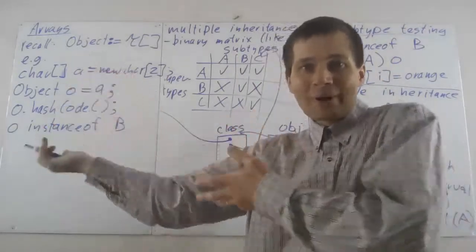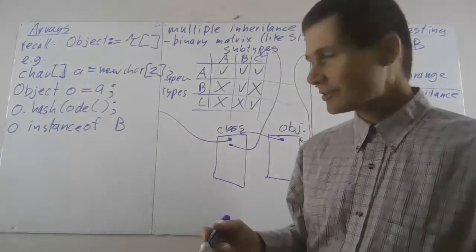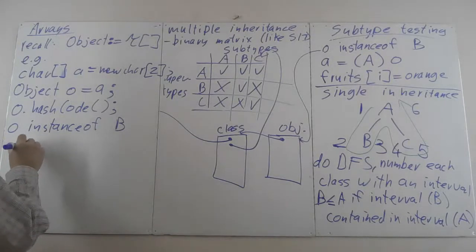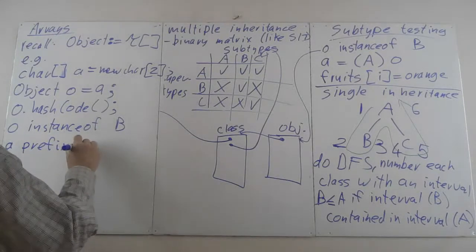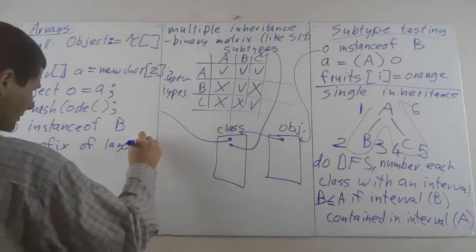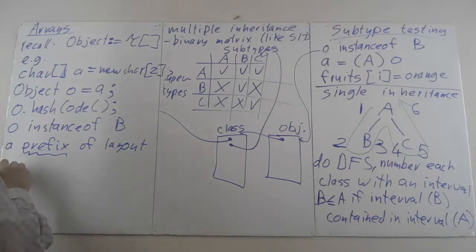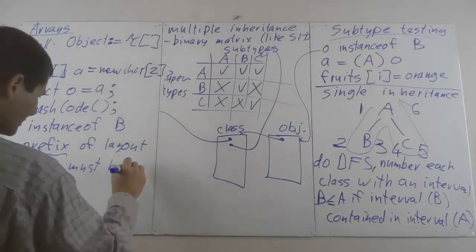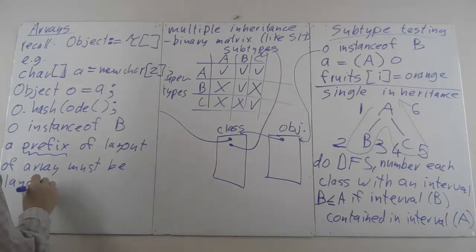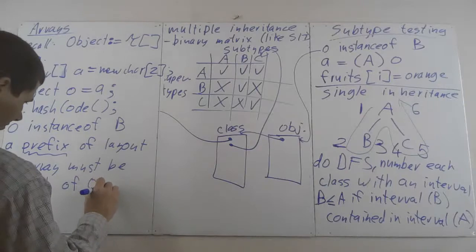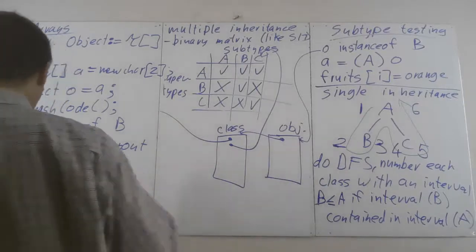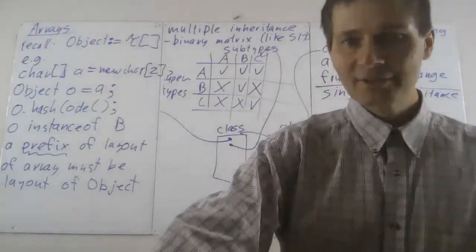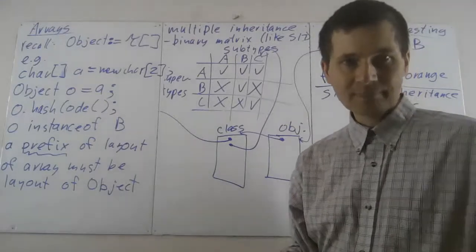So going back to our original idea, a prefix of the layout of an array must be a layout of an object, right? So this basically tells you how you need to lay out an array in memory.